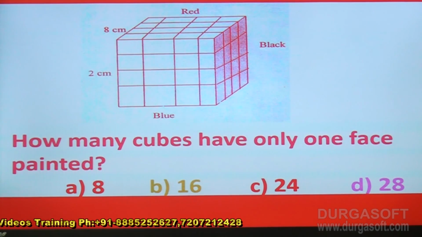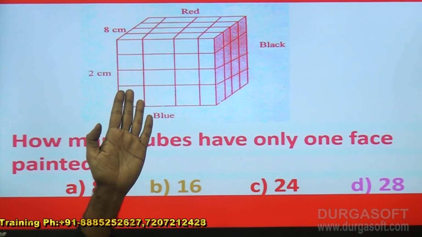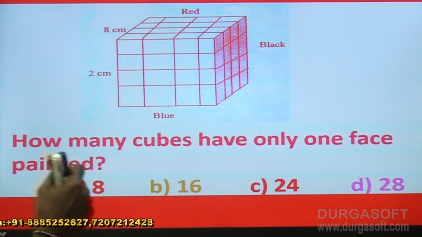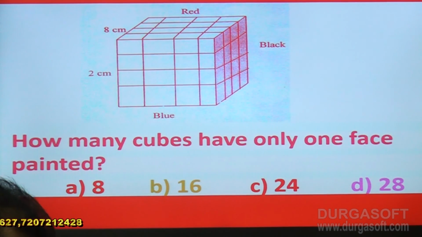Is it clear? One face painted means only these 1, 2, 3, 4 in the front view. In the same way, back view 4, top view 4, bottom view 4, left view 4, right view 4. Total 6 views, in each view 4, 6 4s are 24 one-face-painted cubes. 24 is the right solution for your question.